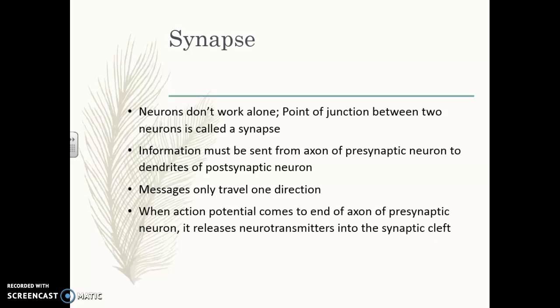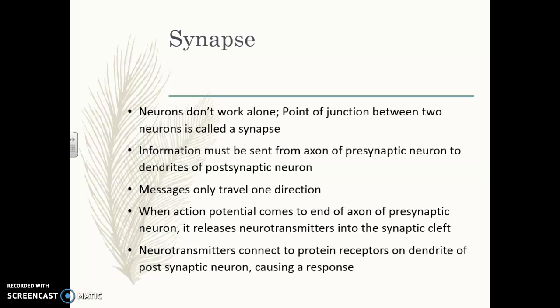So when an action potential comes to the end of the presynaptic neuron, it releases a neurotransmitter, which is a chemical messenger, into the synaptic cleft, which we know is that space between the axon of one neuron and the dendrite of the other. It's a little teeny space in the nervous system.